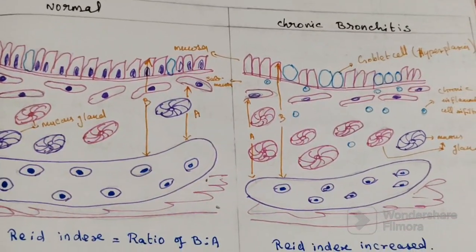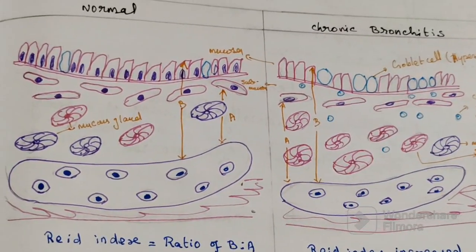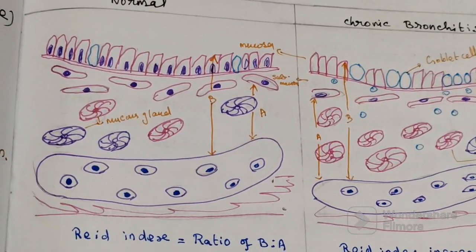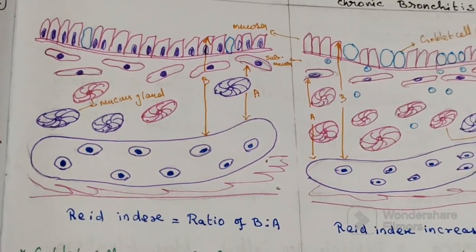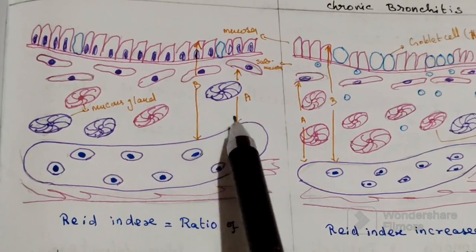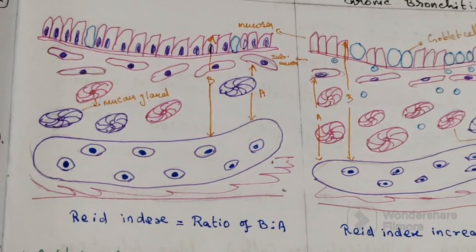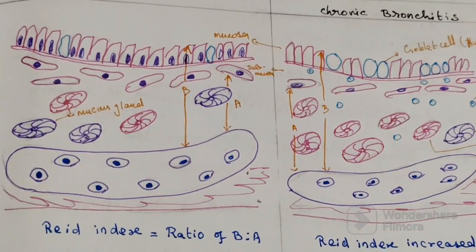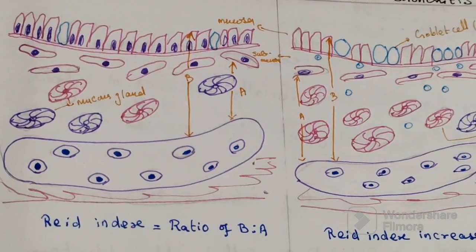Some goblet cells are present, that is normal. Normally goblet cells are very few in number, but they are present. In the submucosa, how many glands are there? Very few, 3, 4, 5, a rough number of glands.